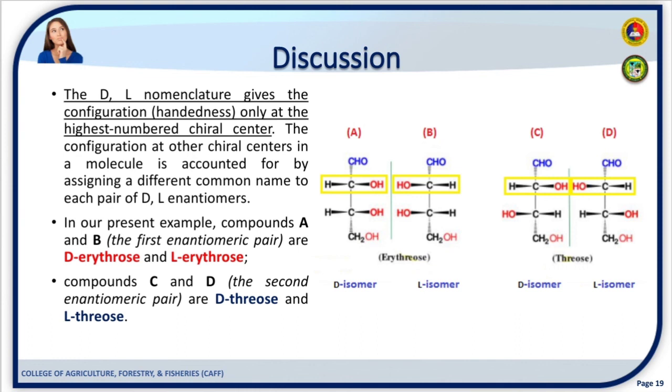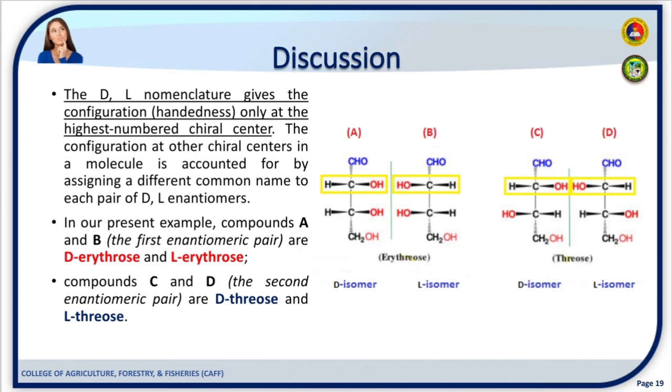In this example, we have two chiral centers, and we only have to determine which of the two has the highest priority. To do that, you have to prioritize the 4 atoms or groups of atoms directly attached to each chiral center, which is your central carbon atom, based on the atomic number of the atom that is bonded directly to the chiral center. The higher the atomic number, the higher the priority.